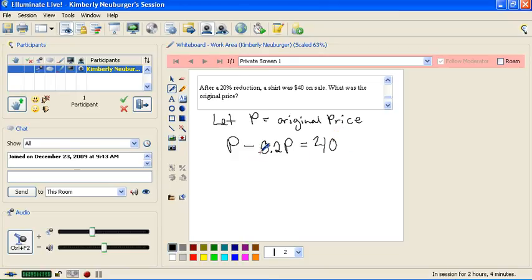So all we need to do is solve this, and we'll know what the original price was to find out if that $40 was correct or not. If the original price didn't match, then you knew that it was marked incorrectly. So this P right here is really a 1P. So if you take 1 minus 0.2, you get 8/10 times P. Now if we go ahead and divide both sides by 0.8, we find out that that original price should have been $50.